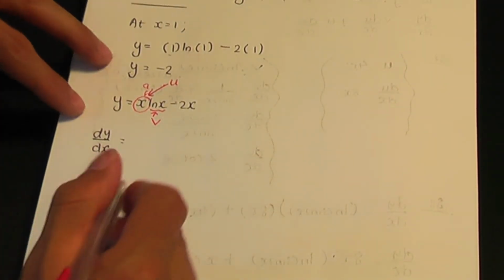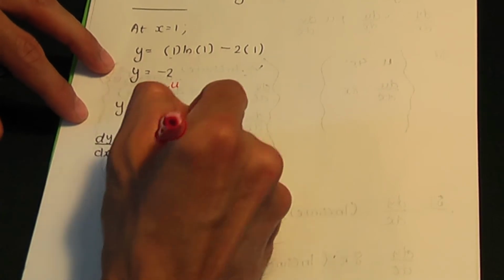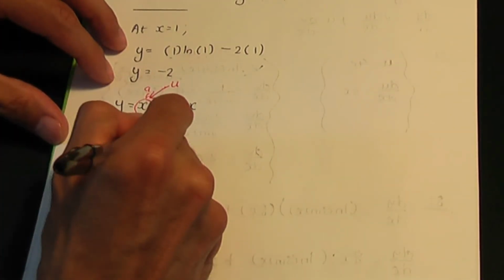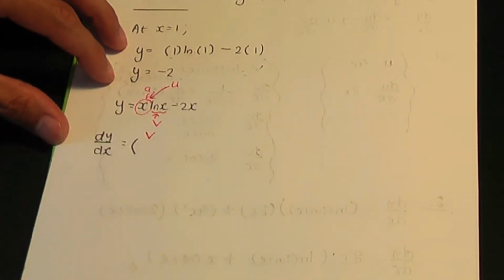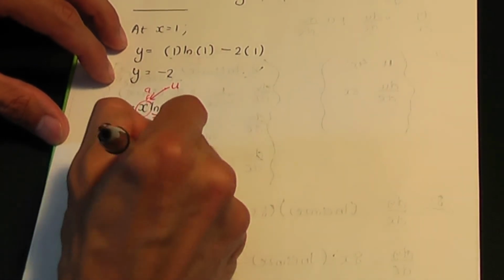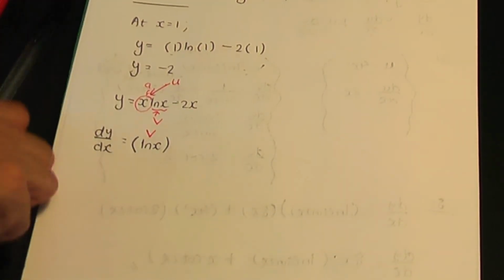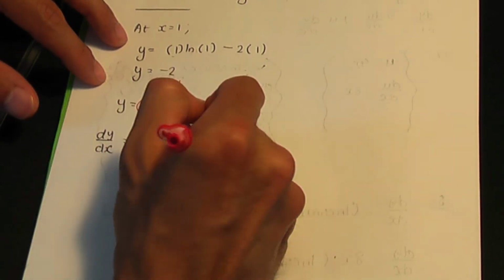So let me write the product rule. So remember the rule, it's v du over dx plus u dv over dx, and let me do the calculation beneath. So my v is ln x multiplied by du over dx.